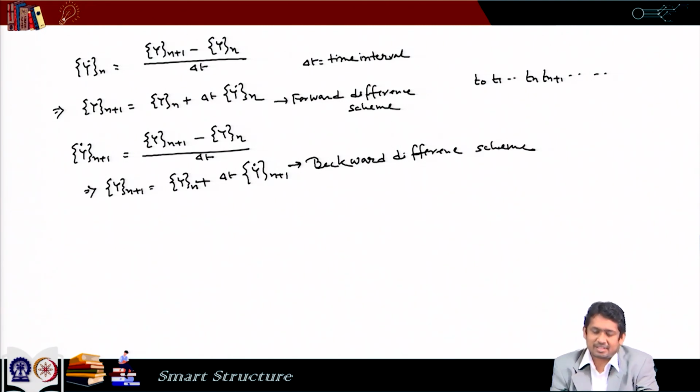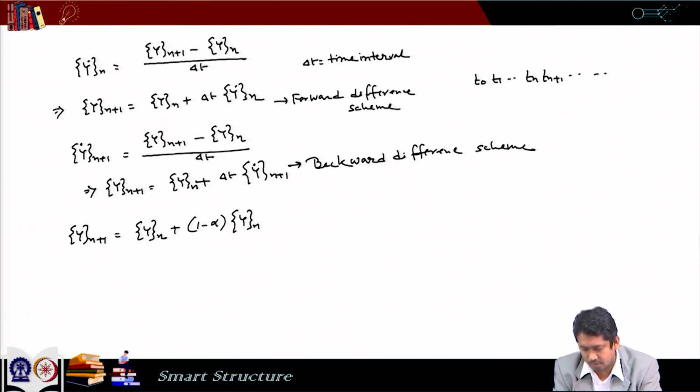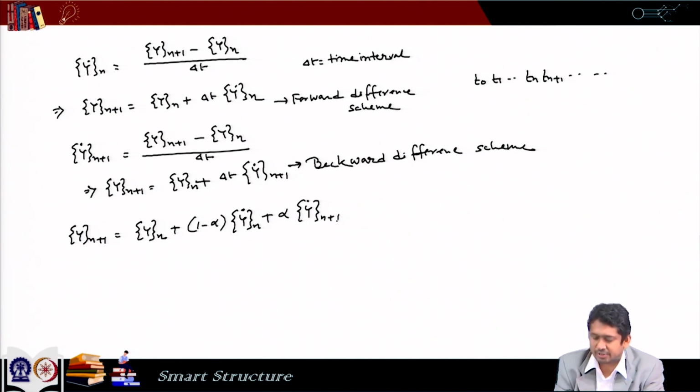Now, we can generalize it by a parameter alpha, and we can write yn plus 1 is equal to yn plus delta t times (1 minus alpha) yn dot plus alpha y dot at n plus 1.